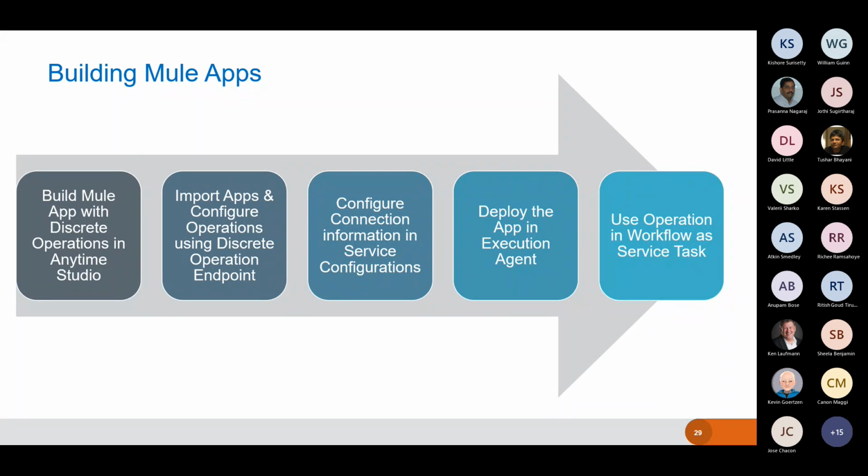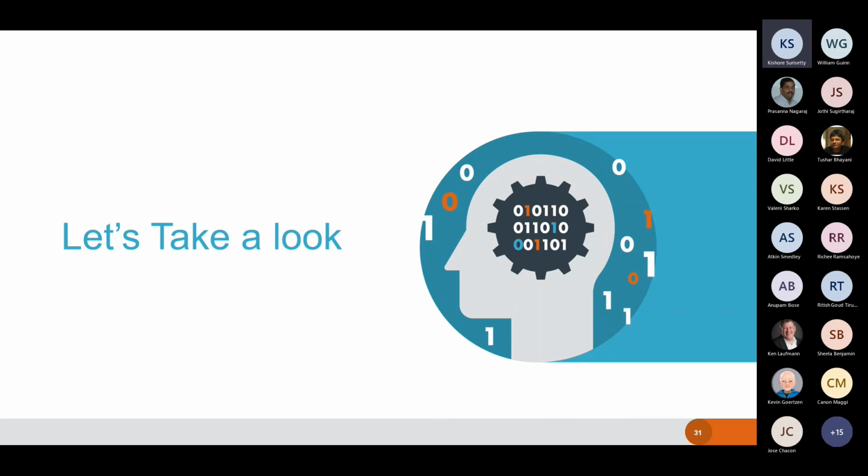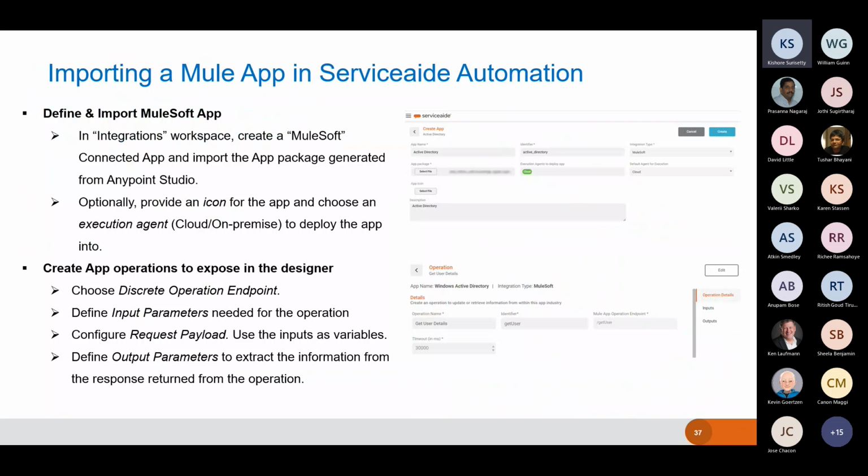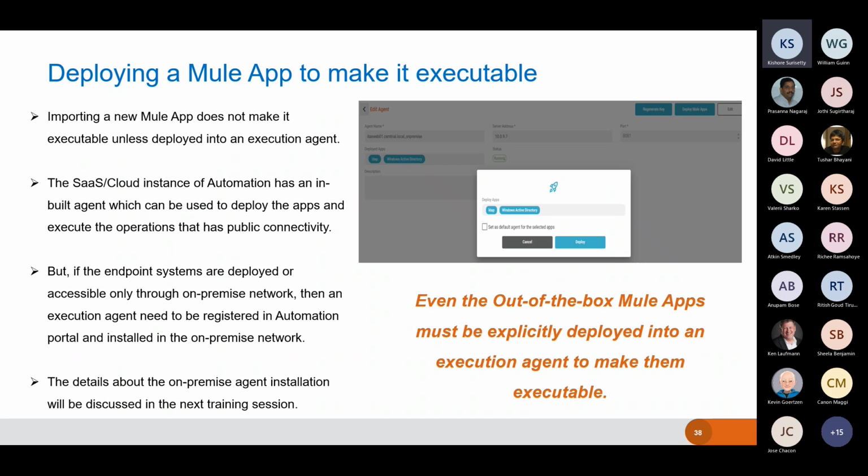Then how do we make these app operations executable? If we had used these operations inside a workflow and you try to execute it, they will not execute without making these couple of changes that we are about to discuss. So how do we make it executable?